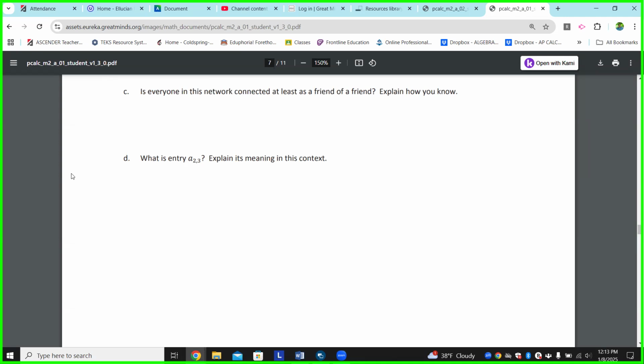Who? Who? 2 can't get to who? He can get to 6. 2 can get to 11. 2 can get to 8. No, multiple ways. So, it's a connection.